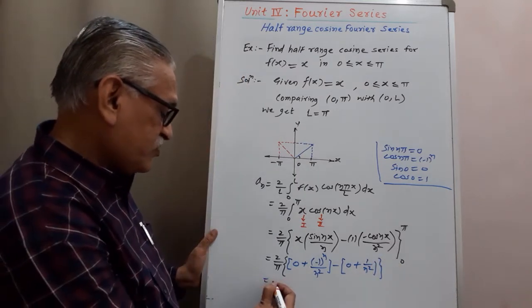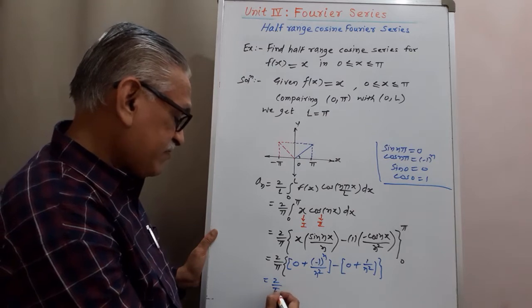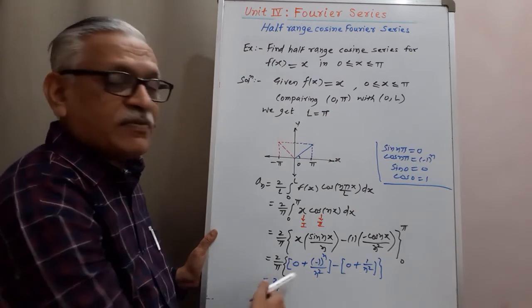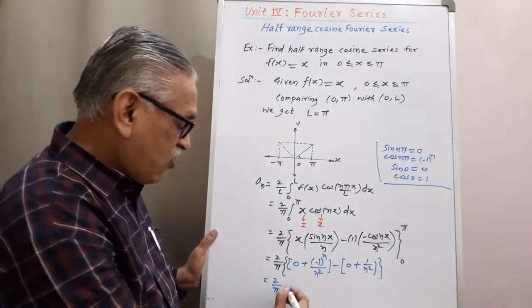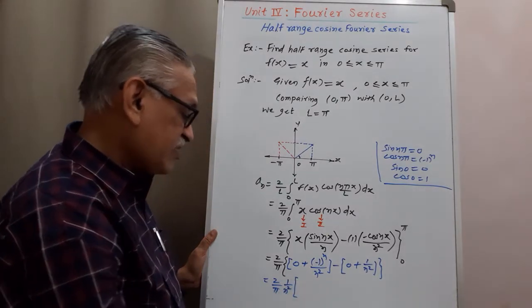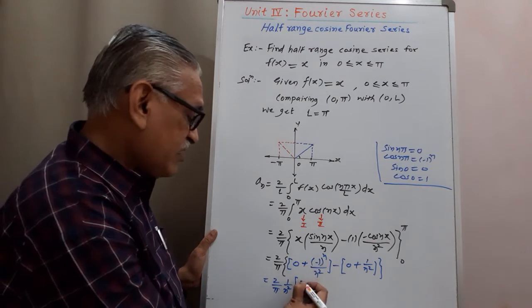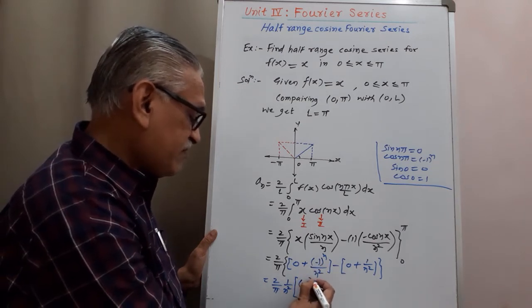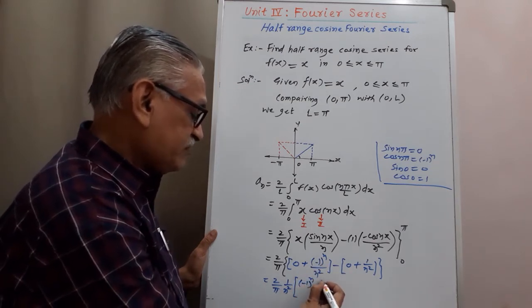It is equal to 2 by pi. From these two terms I can take 1 by n square common. Remaining values are minus 1 raised to n and minus 1.